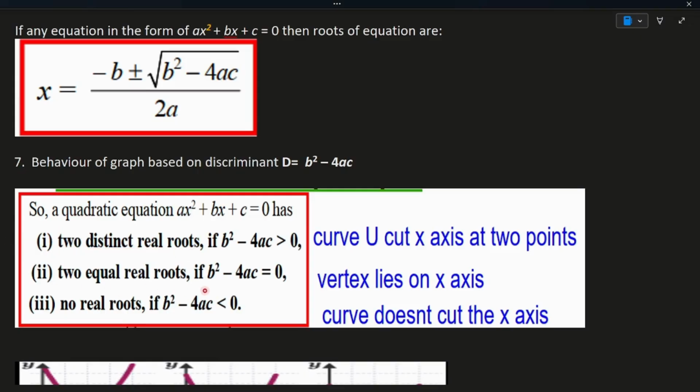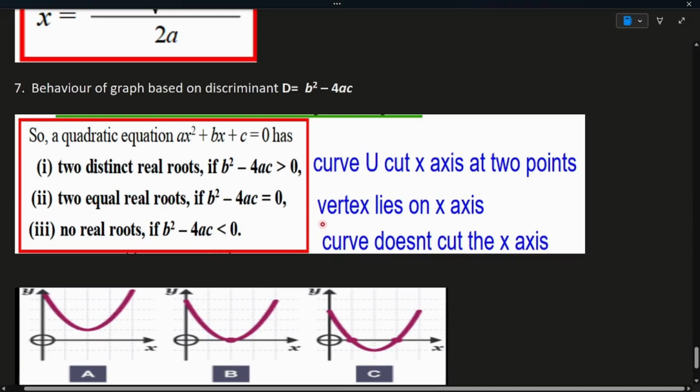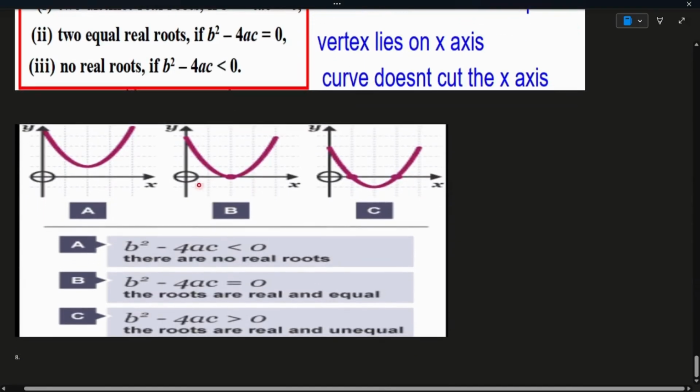The second conclusion, if the discriminant is equal to 0, we have two equal roots. Two equal roots means, for example, 1 1, 2 2, 3 3, minus 4 minus 4, minus 5 minus 5. In this kind of condition, the vertex lies on the x-axis. Means, see, this is the graph.